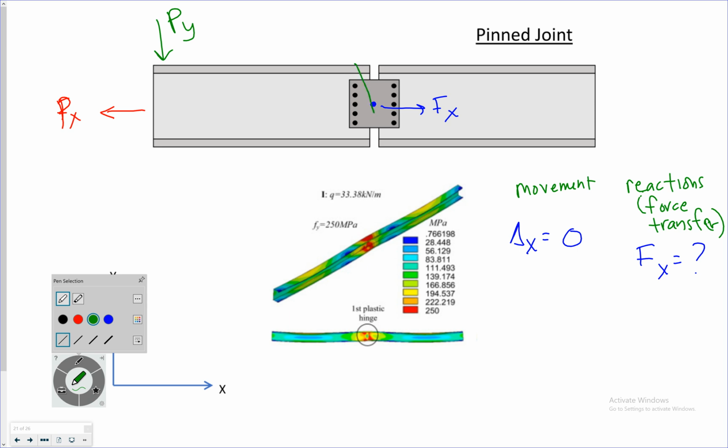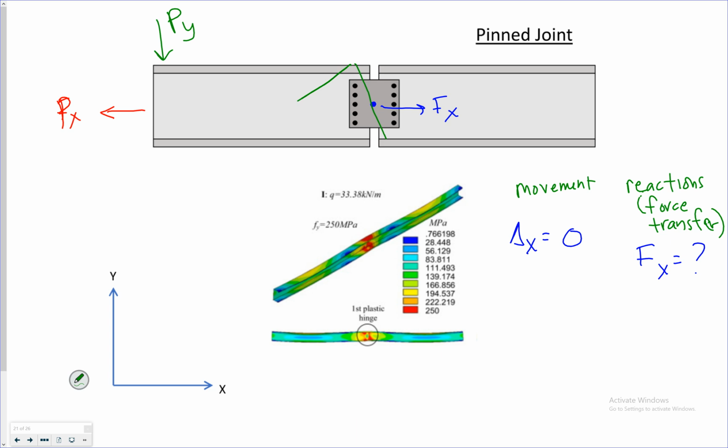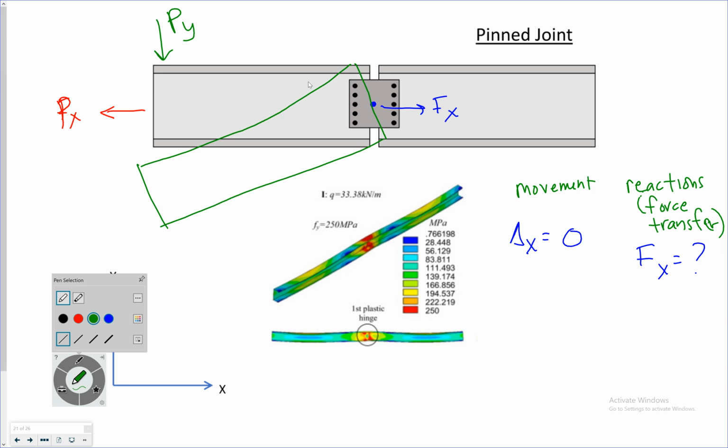What would happen? Well, I would have displacement like that. So if I look at the center of the support, is there any movement in the vertical direction? No.